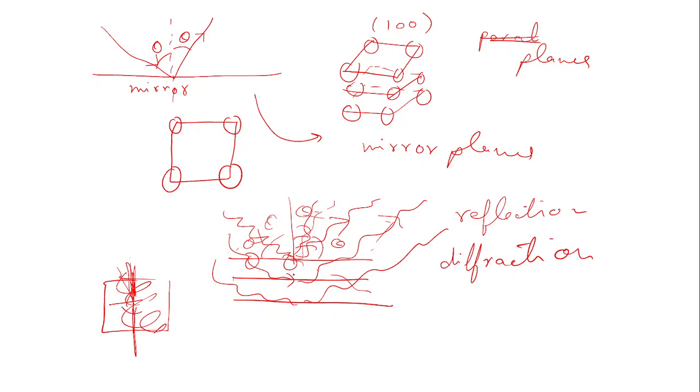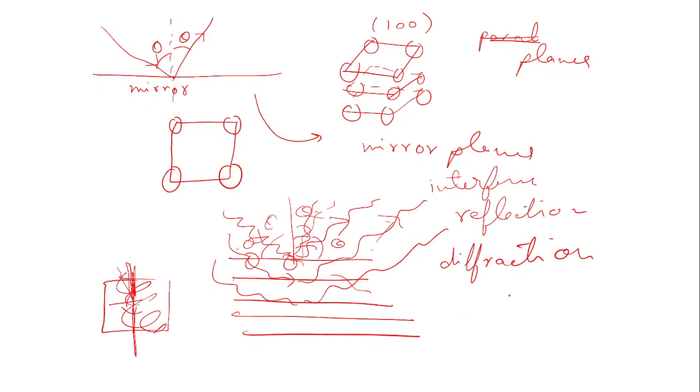So we have rays diffracted from all these different parallel planes, and after diffraction they interfere with each other. Interference, as we discussed in experimental physics, happens when there is a constant phase difference between two similar sources.